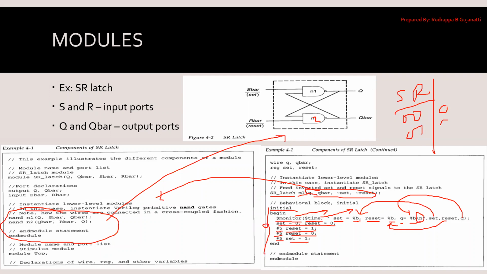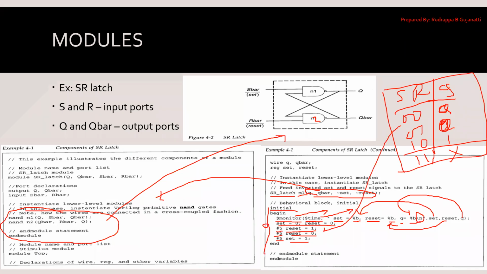If it is 0, 1, Q will be set, reset. If it is 1, 0, Q will be 1, and if it is 1, 1, it will be a toggle condition or the state will be unknown. Sometimes we write it as Q retaining its previous state. Based on this, I can see what results I might be getting.